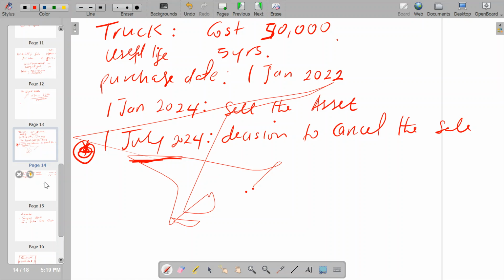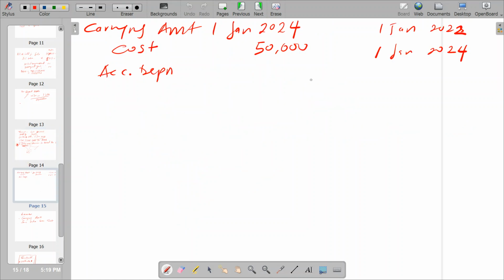So that's 2 years. So it means we have to determine accumulated depreciation for 2 years.